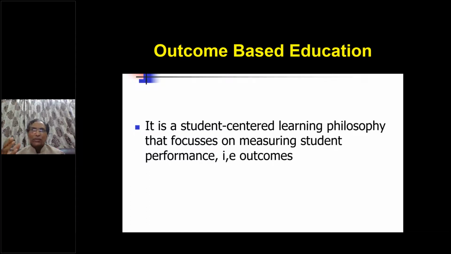So outcome-based education is a student-centric learning philosophy that focuses on measuring student outcomes, nothing beyond, nothing else. It's very focused on what the student has learned, and measuring that learning, and it should be quantifiable learning. It is always revolving around student-centric learning and also measuring what he has achieved.